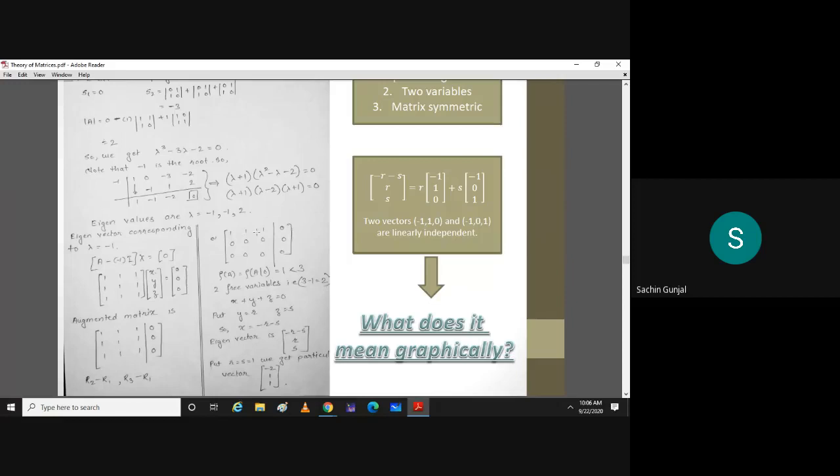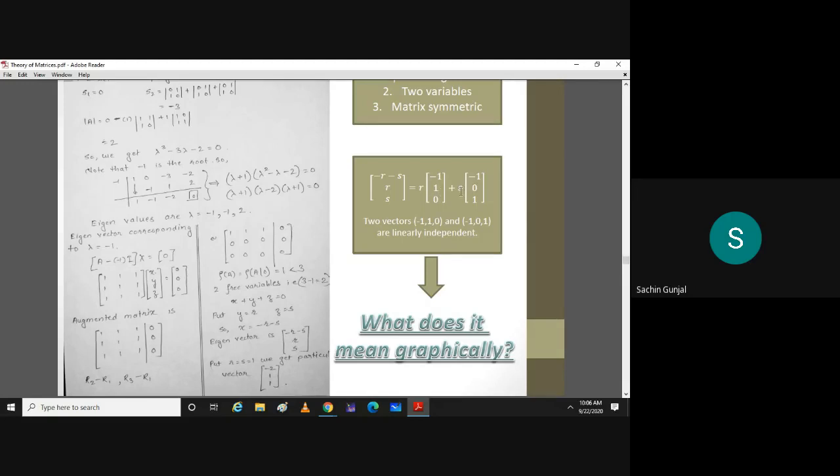So x plus y plus z equal to 0. Now you put two variables free. Let us put y equal to r and z equal to s. So x will become minus r minus s. Substituting these values, x is minus r minus s, y is r, and z is s. So corresponding to -1, there are two eigenvectors.